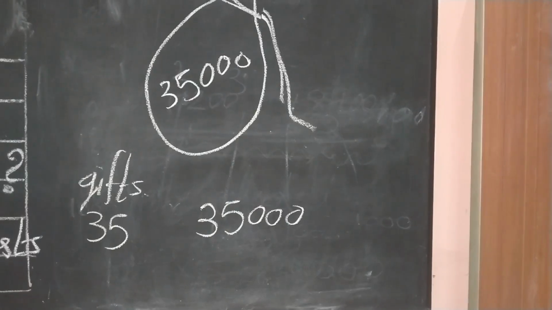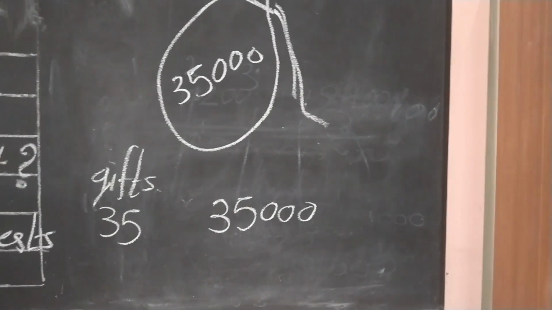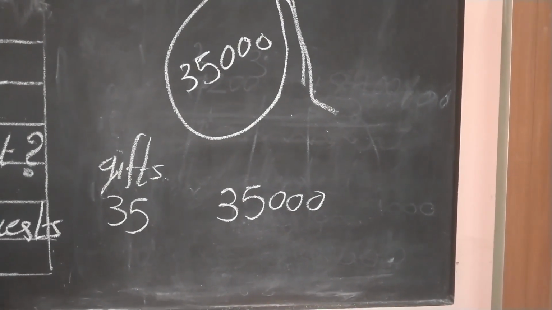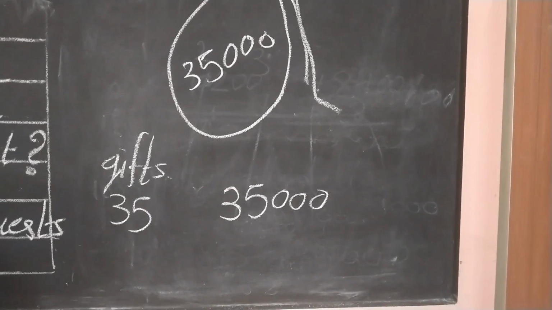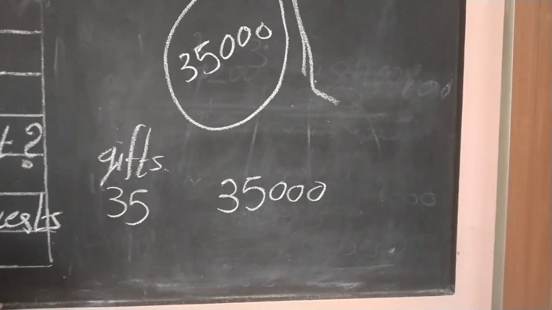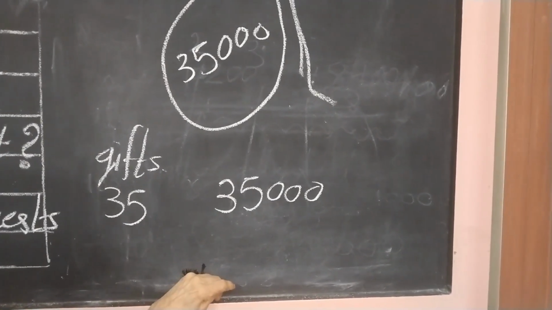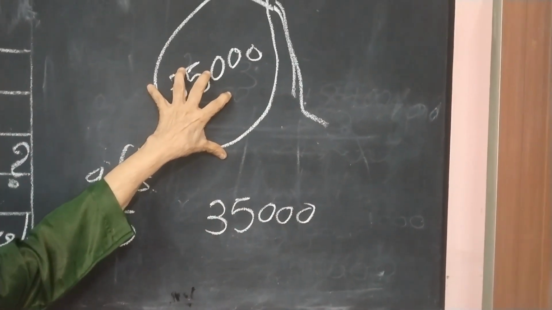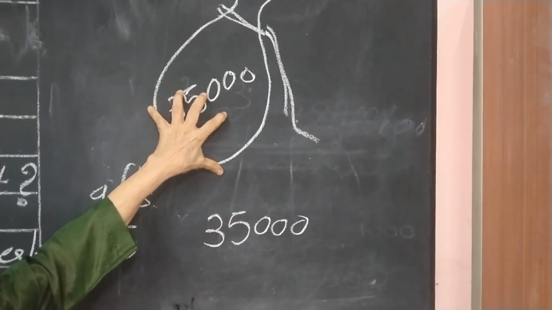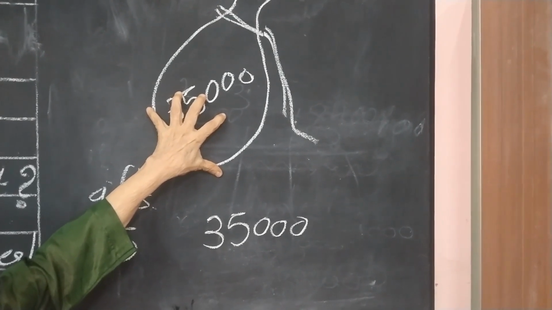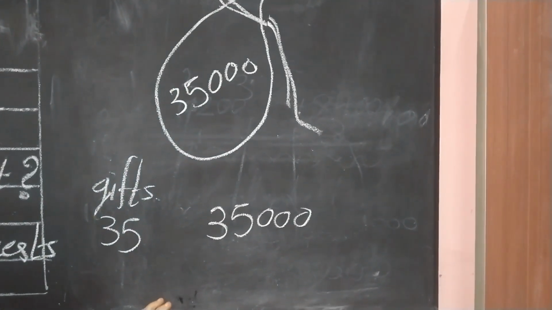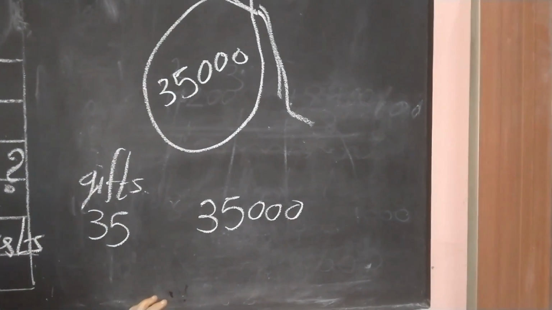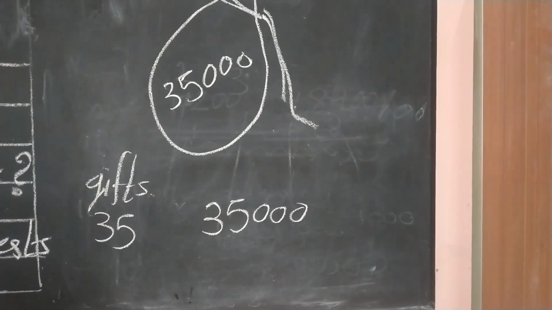So they are asking us how much each return gift will be worth. Now look here. Here the total amount that can be spent is given, and for one such gift, how much money will be required, that is asked.